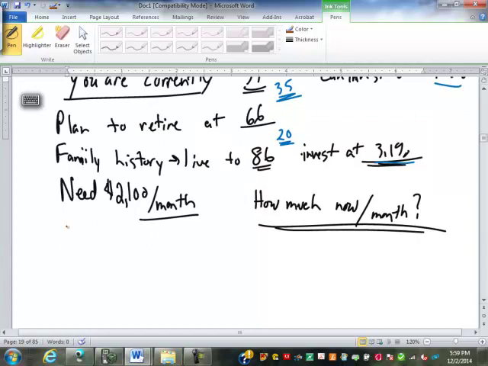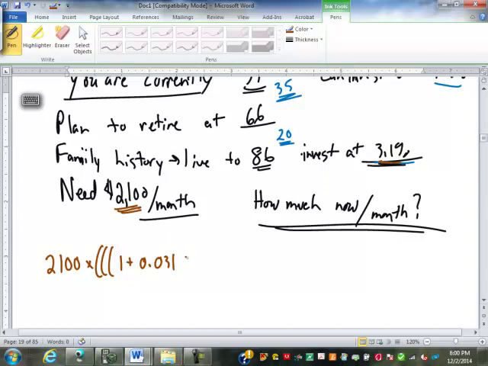We need to find out what lump sum we need at 66 to draw $2,100 a month for that 20 years. So that's 2,100 times, open parentheses, open parentheses, 1 plus, we're going to get 3.1%, so 0.031. We're going monthly, so divided by 12. 20 years would be 240 months. Minus 1, close parentheses.